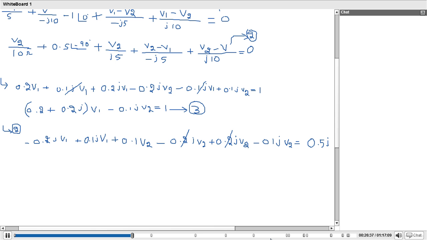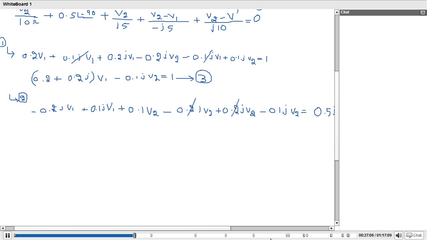Cos of minus theta is cos theta only. Cos 90 how much? 0. Yeah, plus sin of minus 90. Sin of minus theta is minus sin theta. So minus sin 90 is 1, minus 1. So minus 0.5 j. So if you write that in the right hand side, 0.5 j.